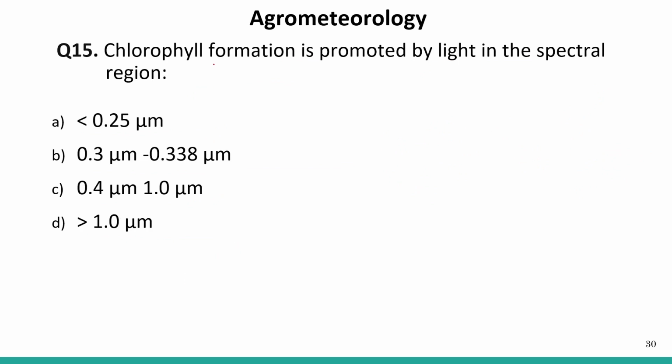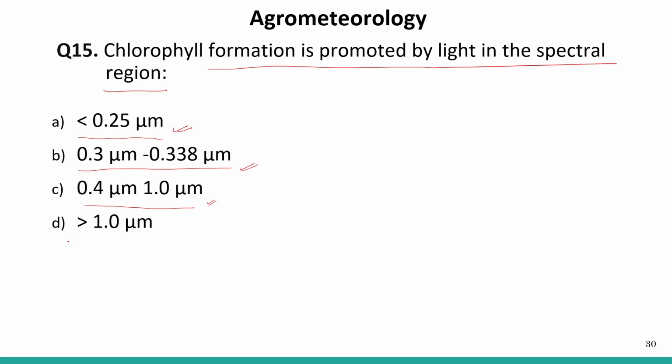Next question. Chlorophyll formation is promoted by the light in the spectral region. So which spectral region influences chlorophyll formation? Less than 0.25 micrometer, 0.3 micrometer to 0.388 micrometer, 0.4 micrometer to 1 micrometer, or less than 1 micrometer.